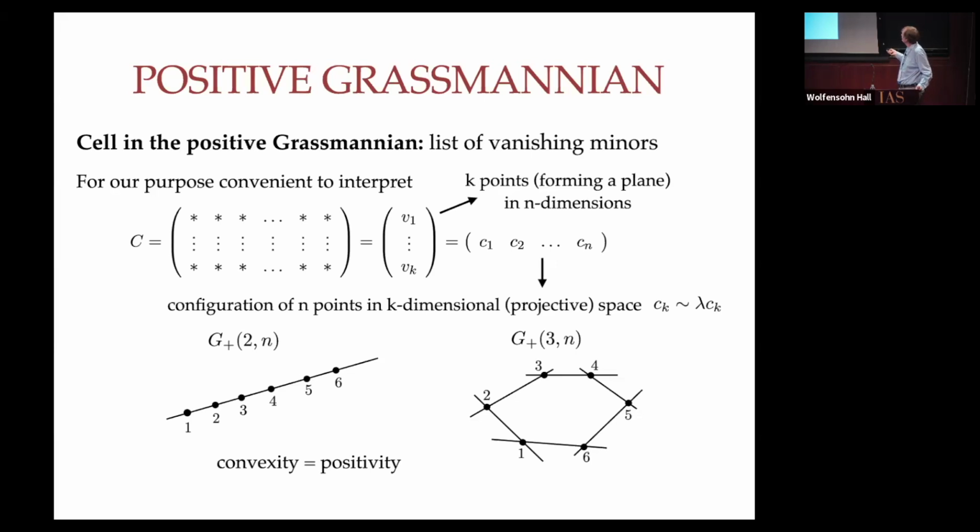For G(3,n), this generalizes to points in a plane. So this is an example of G plus (3,6). This is a configuration of 6 points in a plane. This is a convex configuration. And if we have this configuration, this guarantees that all 3 by 3 ordered minors are positive.